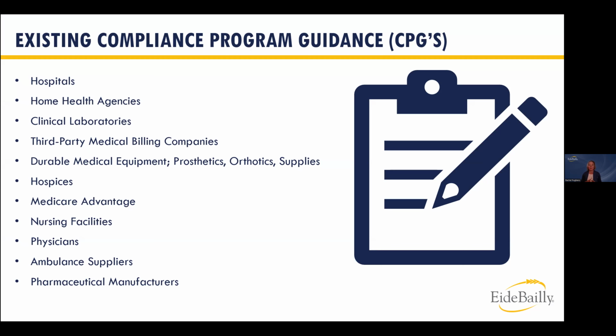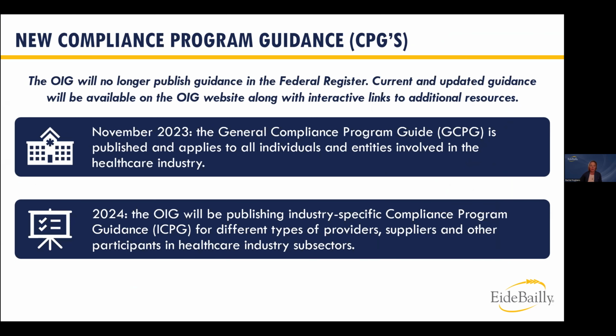It really covers all aspects of the medical industry when it comes to compliance programming. And they have issued specific guidance for these entities that we have listed here. We're going to be focusing on the hospital guidance specifically and talking through what that has looked like most recently.